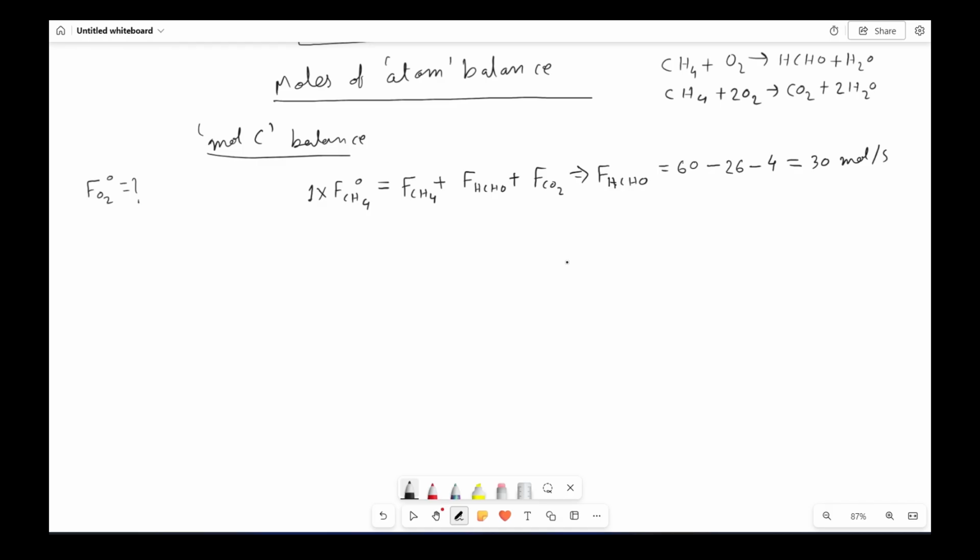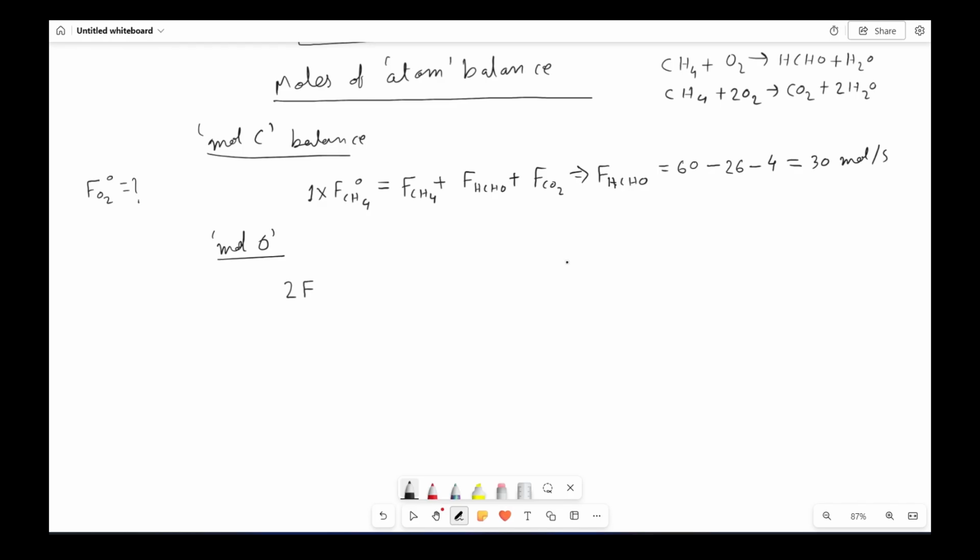From here we are not getting any information, so let us do the oxygen balance, because the target is oxygen. We do a single oxygen atom balance. In the feed, O2 naught means oxygen is supplied, and for each oxygen molecule there are two atoms.